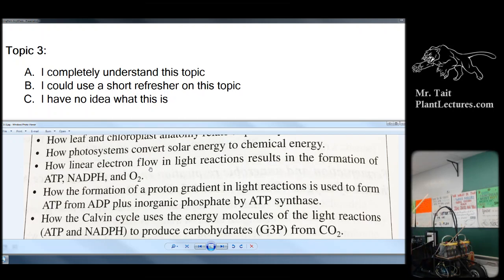So, what is the type of molecule called that converts solar energy to chemical energy? There are many types of it. It's called a pigment, right? So a pigment is a specific molecule that converts solar energy into chemical energy.